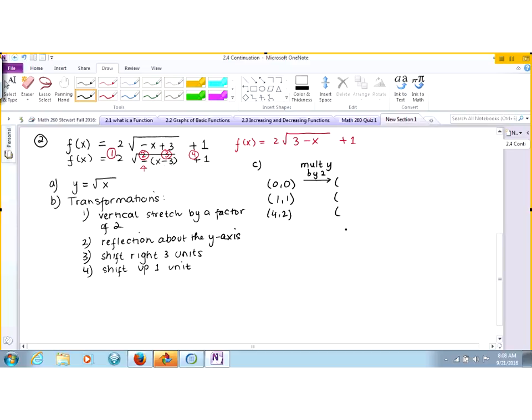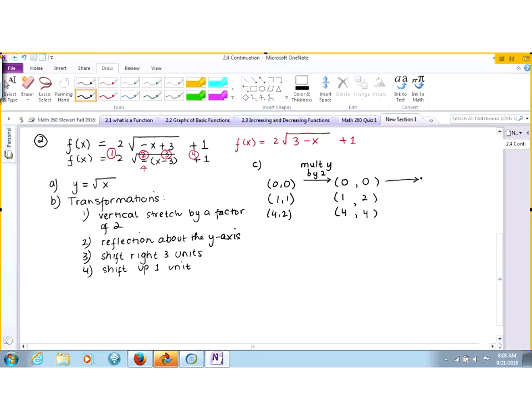Okay, cool. You vertically stretch it, so it doesn't affect the x value. The x doesn't change. It is just the y. All right, so copy the x: 0, 1, 4. And then the y, we multiply by 2, so 0, 2, 4. Right?